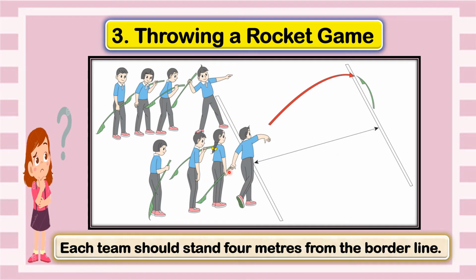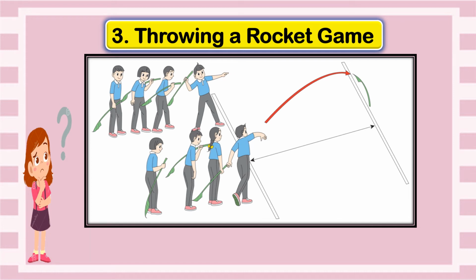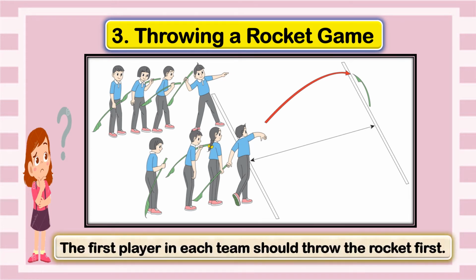Each team will stand behind this line, 4 meters away from the target. Now the first player in each team, the one standing at the front, should throw the racket first. So this is an example.